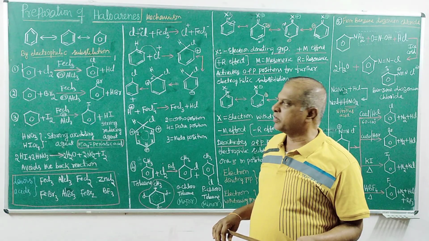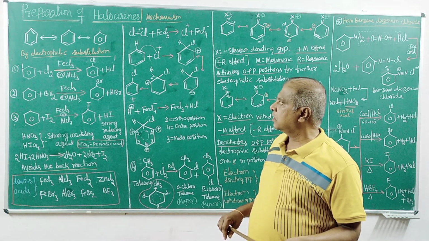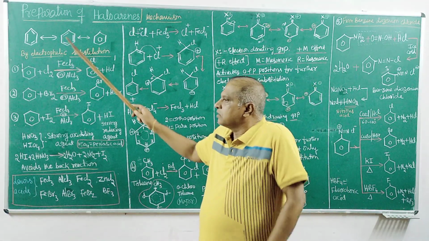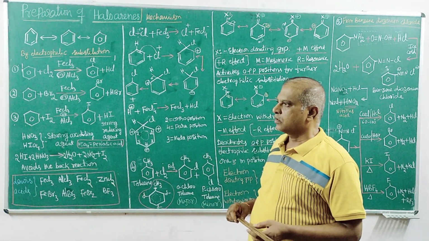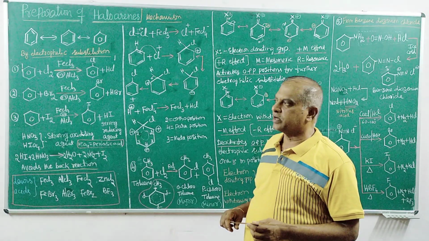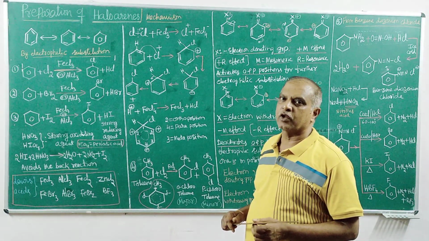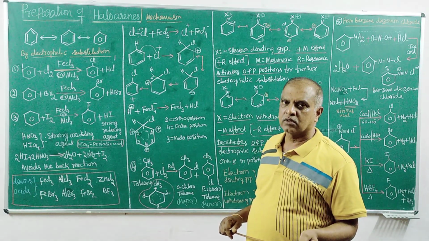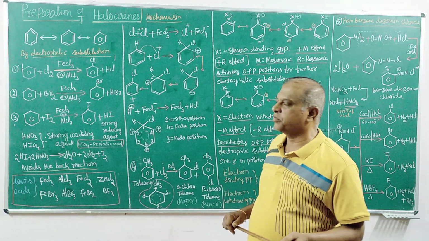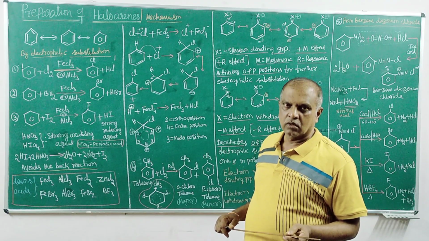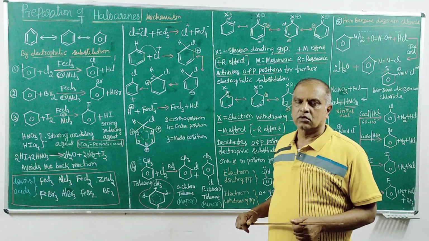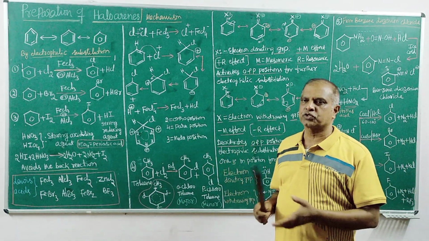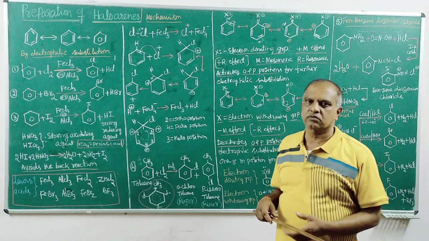Before we move on to the preparation, let me talk in brief about the molecule of benzene. Here we have represented the electronic structure of the molecule. Electronic structure of a molecule means each atom of the molecule is shown with its electrons of the outermost shell, not inner shells.